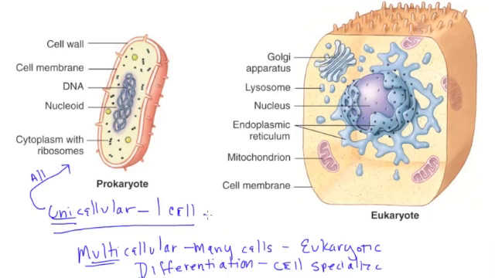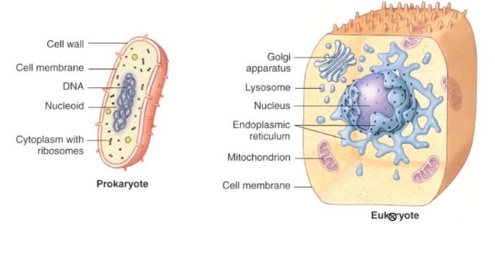Now, eukaryotes can be unicellular as well. In fact, that whole category of protist is a unicellular eukaryote. This can then be further divided down into either plant-like or animal-like.